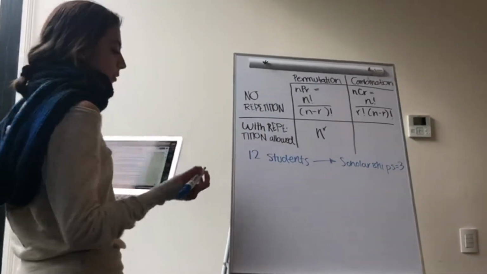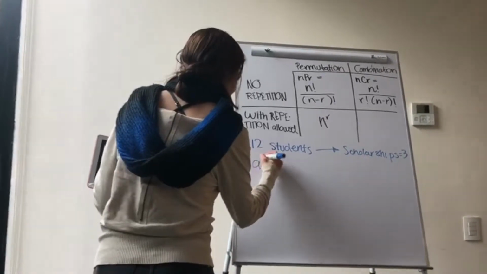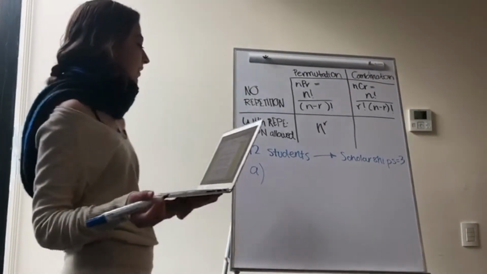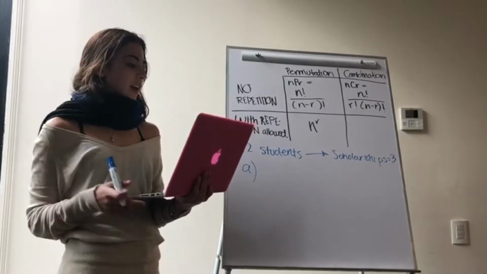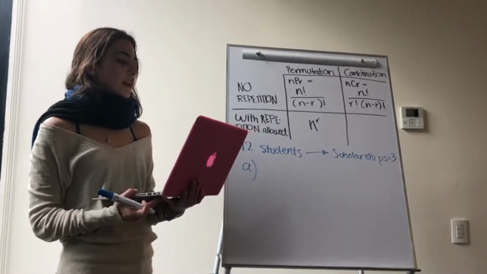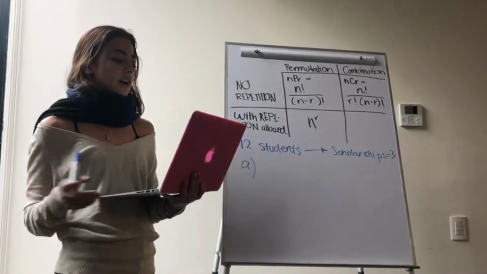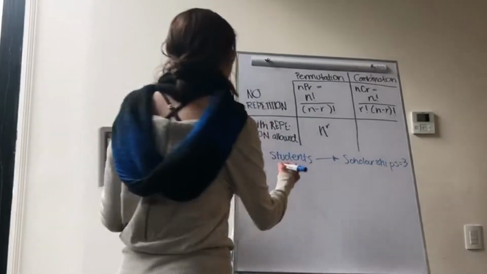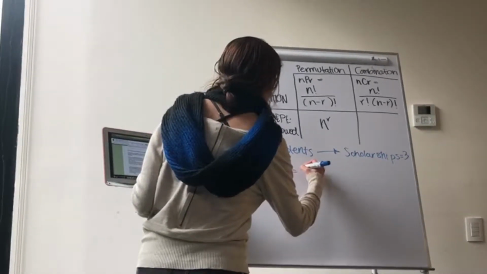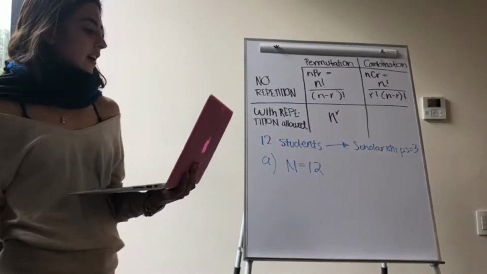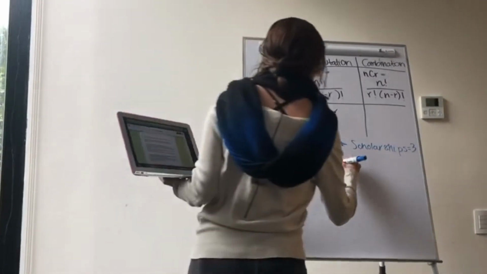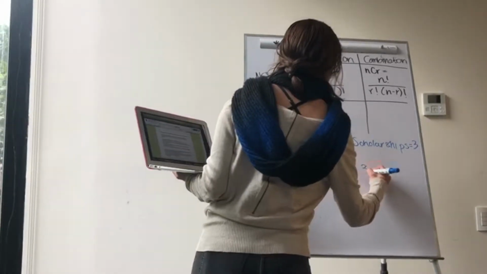The question of letter A is how many different ways could the winners form? And in here we need to identify the N and the R. In this case, the N is the total of students, which is 12, and the R are the scholarships, so it's 3.